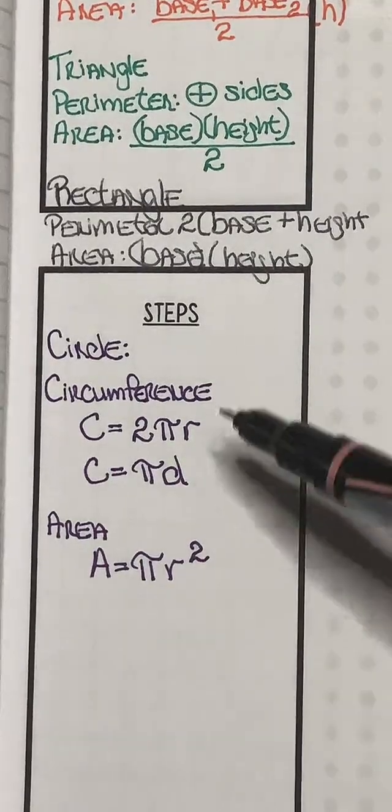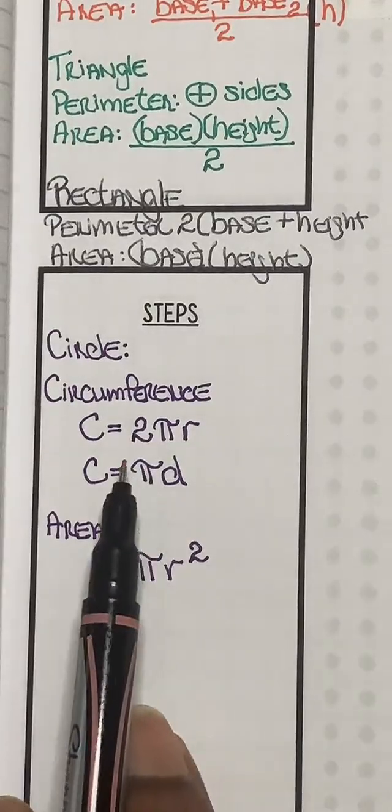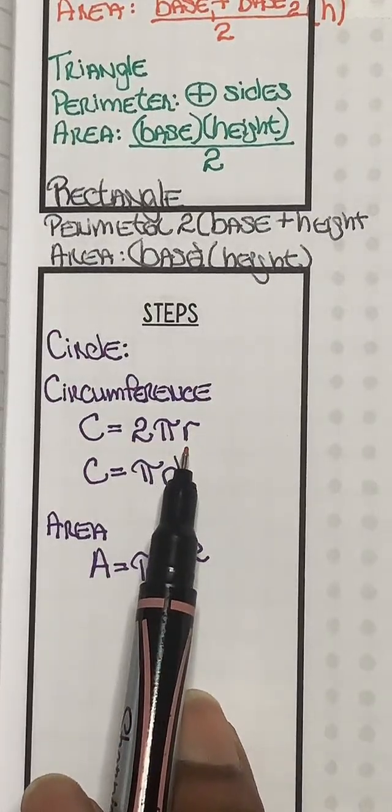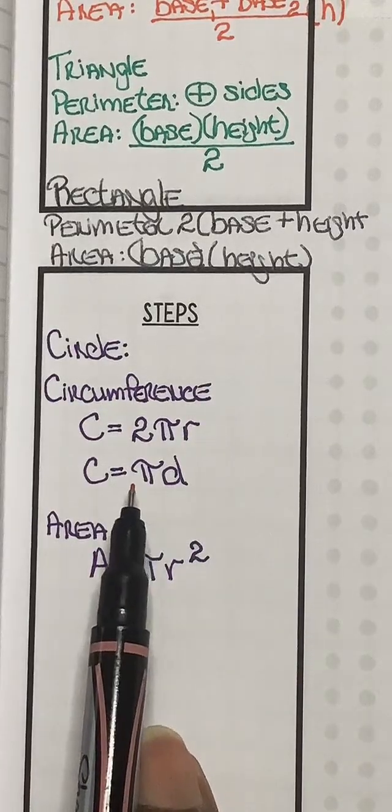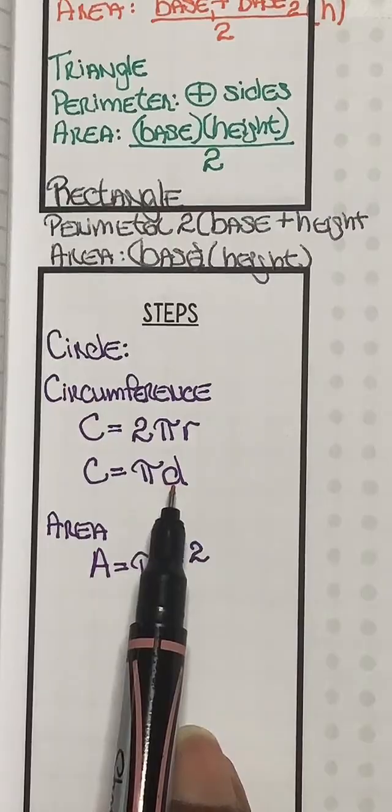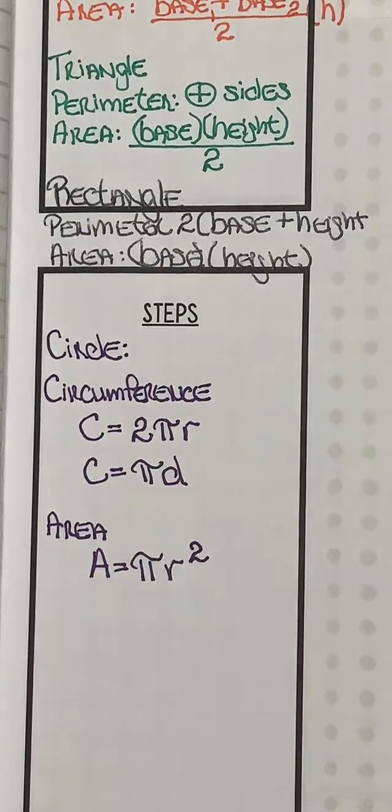So if they give you the radius, you can go with the 2 pi r. If they give you the diameter, you can just simply say pi d. D meaning diameter, r meaning radius.